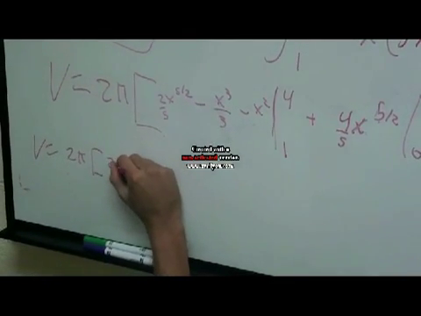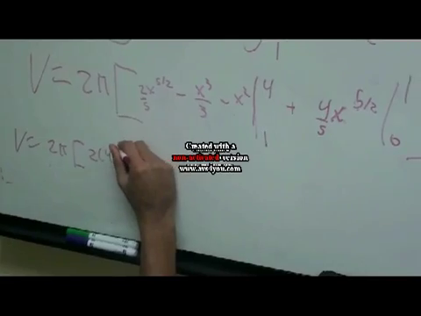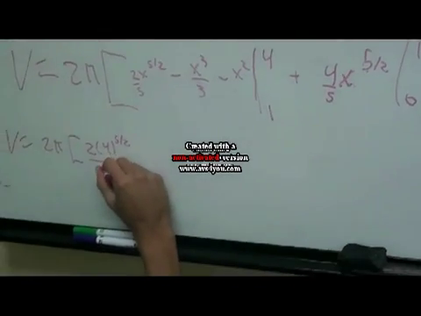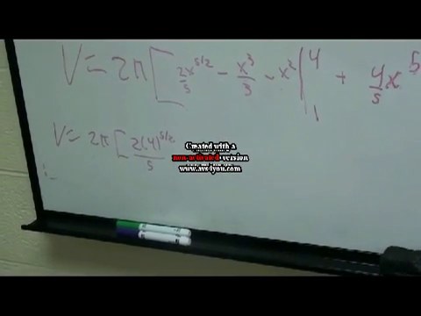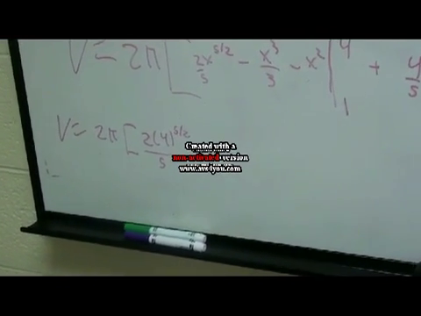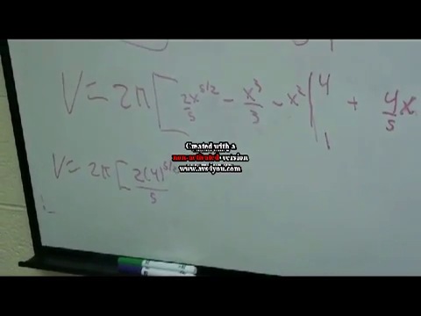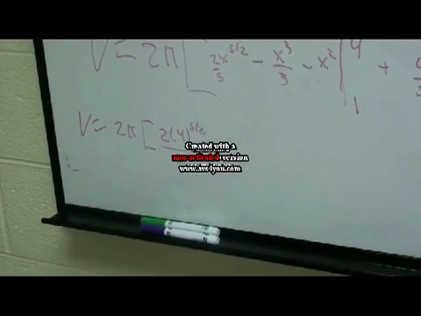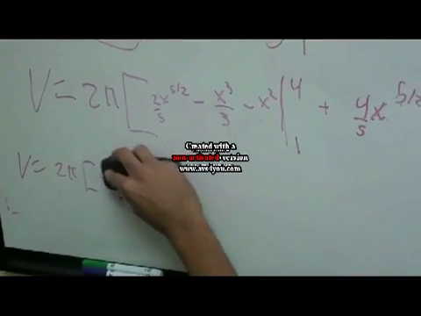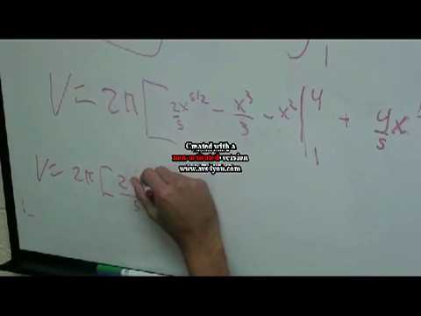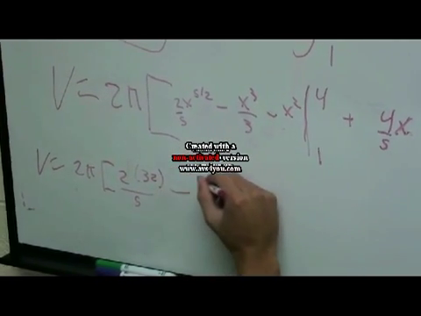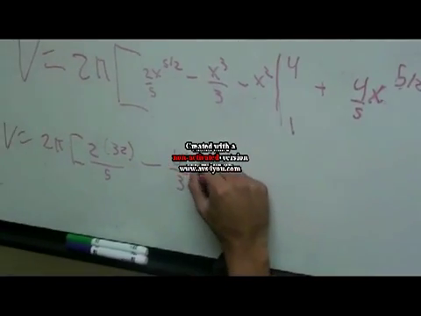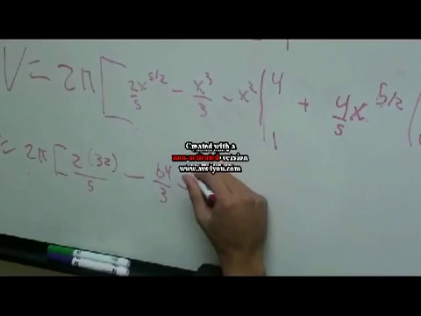So 2 times 4 to 5 halves, divided by 5. 4 to the 5 halves is the same thing as 2 to the 5th. So that's just going to be 32 minus 4 cubed, that's 64 over 3, minus x squared, so 16.